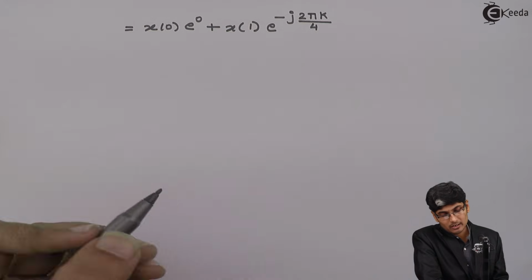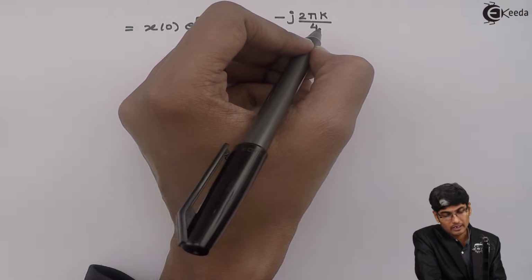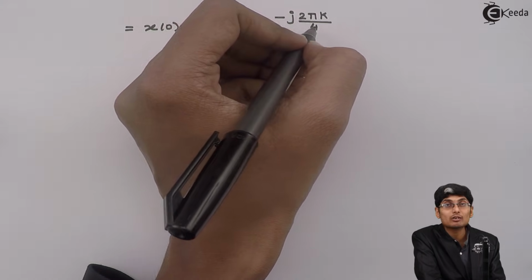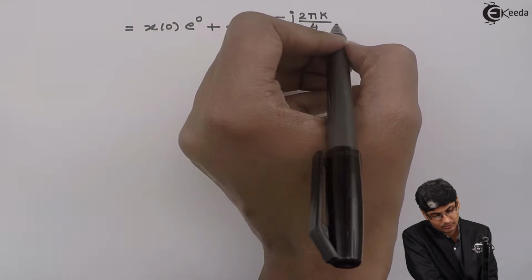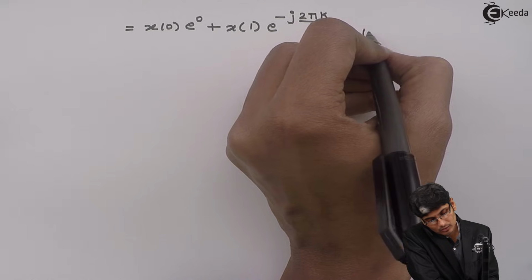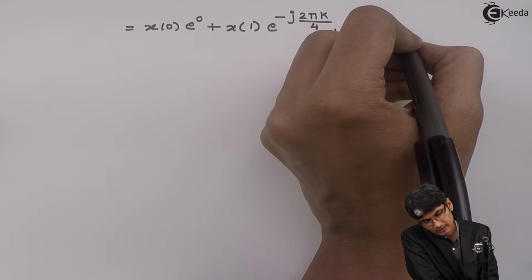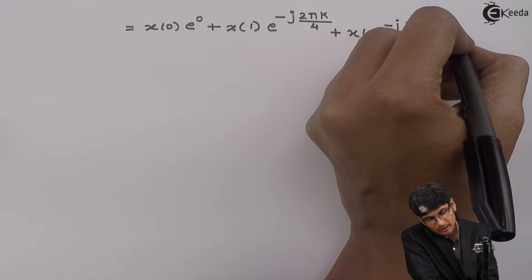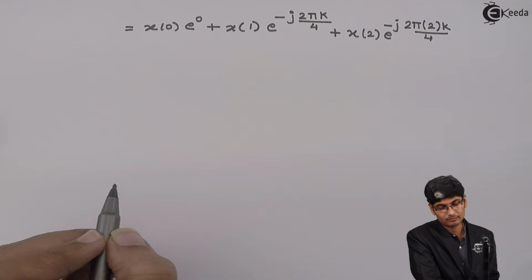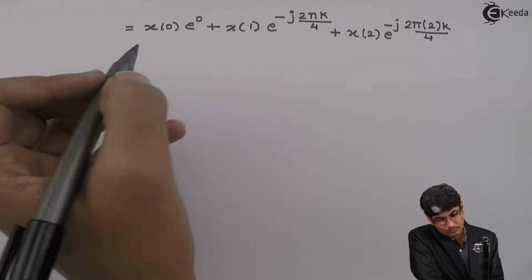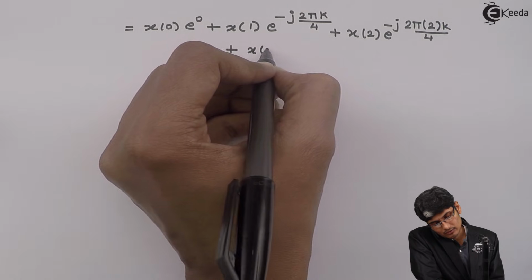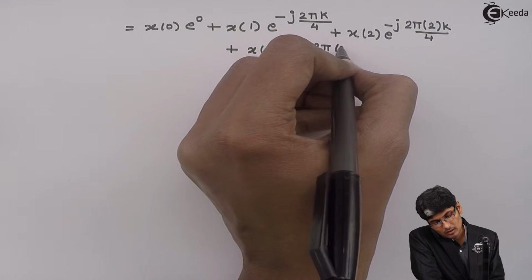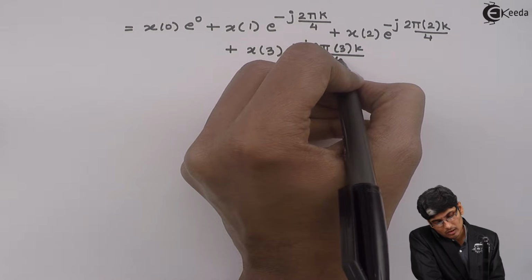Okay, you can either write pi k by 4 or you can write pi k by 2 if I cancel this by 2, no issues, plus x of 2 e raised to minus j 2 pi, now n value is 2, then k by 4, plus x of 3 e raised to minus j 2 pi 3k by 4.